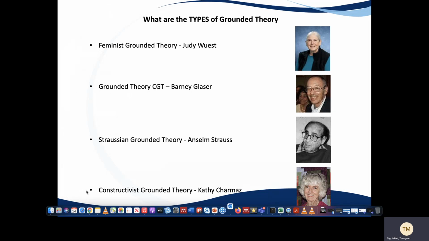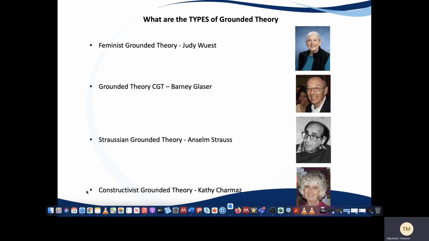In grounded theory, 4 types of grounded theory exist. And these 4 types have been generated over time by specific types and spaces of theoretical development. So there's what they call feminist grounded theory, which came about around the feminist progression in the nursing world, but I will speak to that.